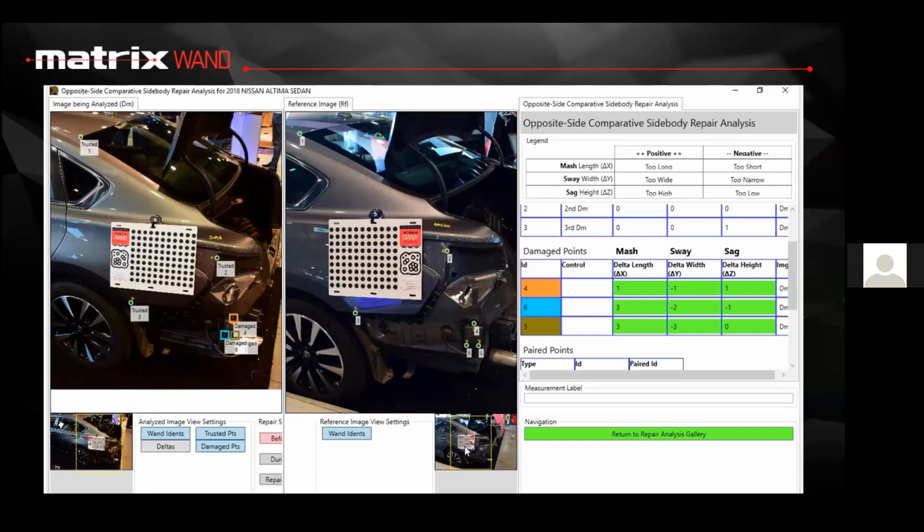But when we compare where that sensor is in 3D space in relation to our trusted triangle from one side of the vehicle to the other side, we can see in our graph over on the right-hand side of the screen, all of our points are within our structural tolerance. So we know that sensor, when we go to send it to recalibrate after the paint department is done, we won't have any issue. It's going to take the calibration, and we're going to be able to send that car home.